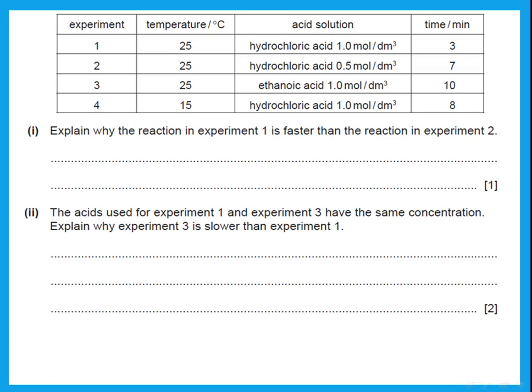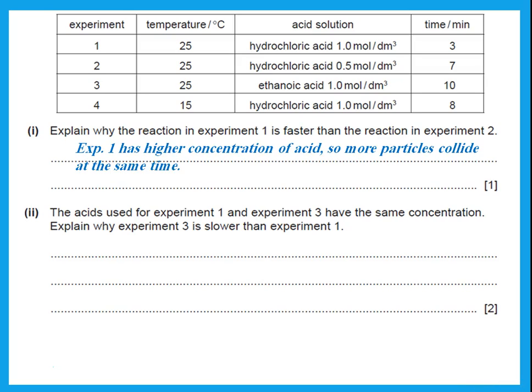So which one has a higher concentration? Experiment 1, and we said something that has higher concentration would be faster, and that is why it is taking less time. So experiment 1 has a higher concentration of acid, so more particles. Remember he's saying explain: more particles collide at the same time. If they have higher concentration, the rate is faster. Why? Because more particles collide at the same time.